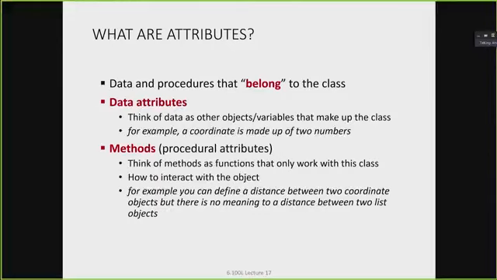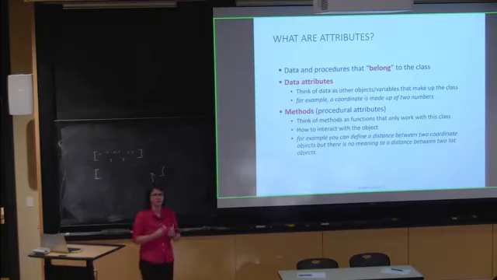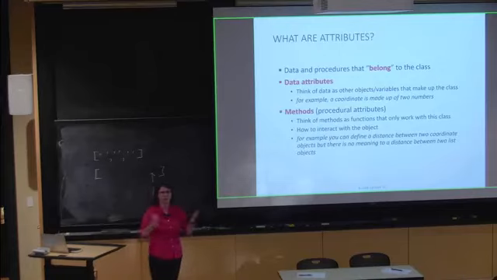Behaviors will essentially be functions that work with objects of this particular type. So we're going to define them as functions, but we're going to define them in a really special way that tells Python you can only run this function on an object of type coordinate, right? Which makes sense. I would not like to find the distance between 2 integers. That's just subtraction. Or I would not like to find the distance between 2 dictionaries.